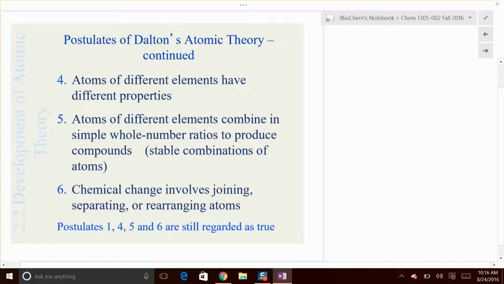Atoms of different elements have different properties. Yes, if you're an oxygen, you're different than a sulfur, you're different than a nitrogen. They react differently. Atoms of different elements combine in simple whole number ratios to produce compounds. Yes.